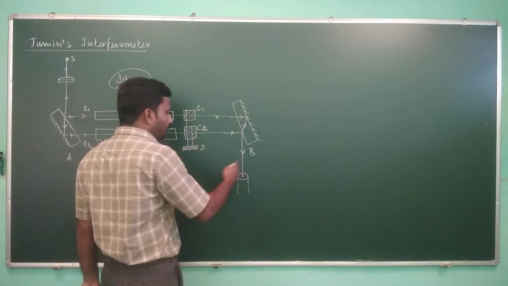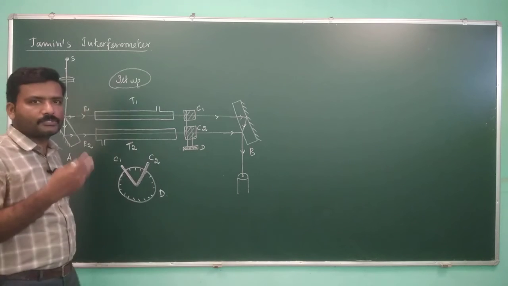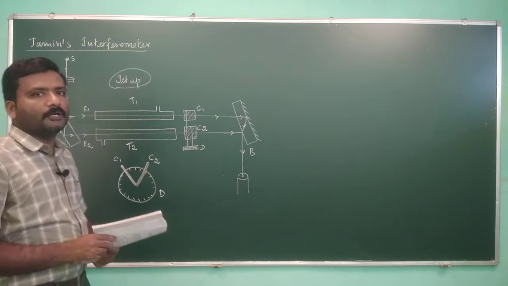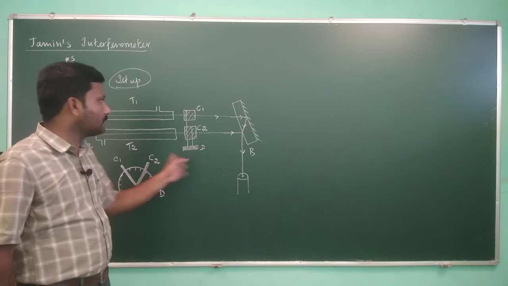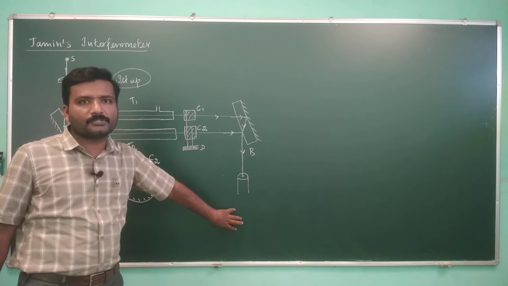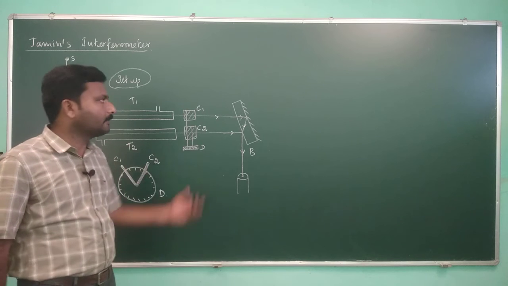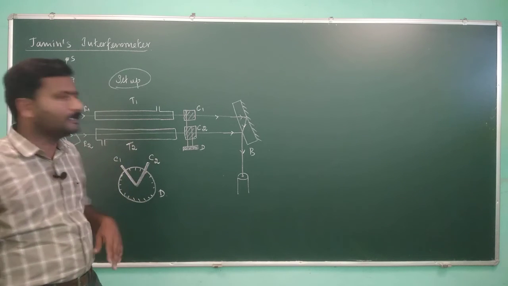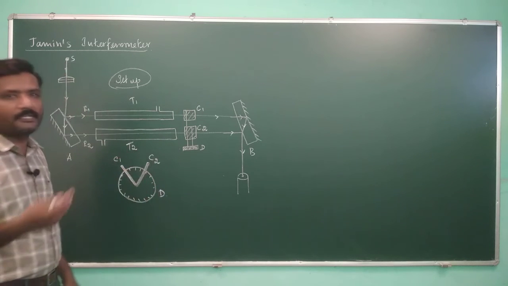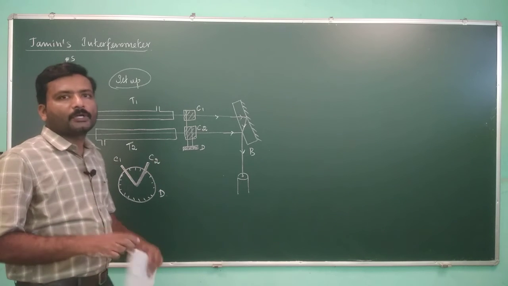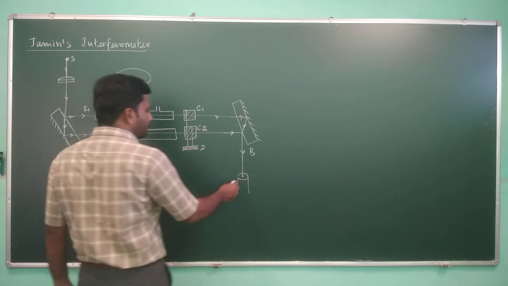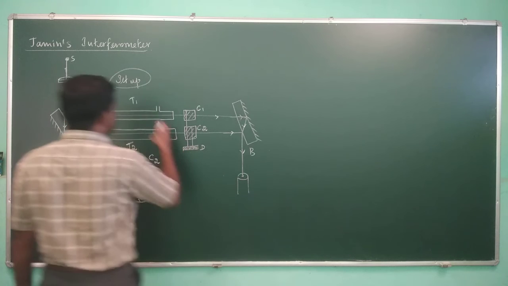We can observe the movement of the fringes in one direction in the traveling microscope. We need to measure the number of fringes crossed when applying the gas pressure, and from that number of fringes crossed we can calculate the refractive index. But these fringes move very quickly, so it is very difficult to count them when the gas is filled.